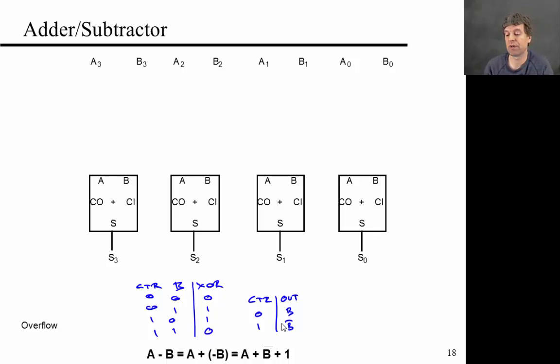So in order to do subtraction, a minus b, I have to have some sort of control that I can XOR together with my b inputs. Let me redraw this.